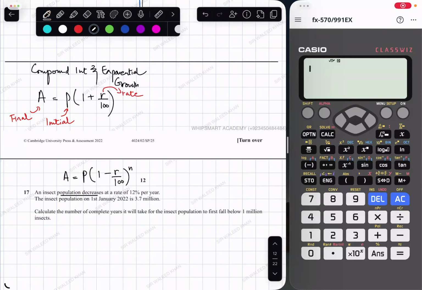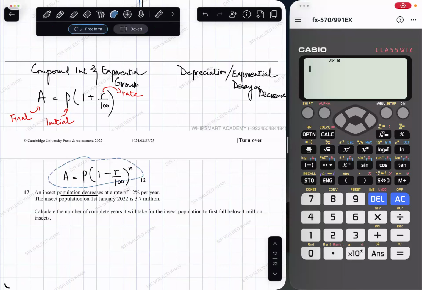But if they are talking about depreciation, decrease, exponential decay, then we are going to use the same formula but with the negative sign.